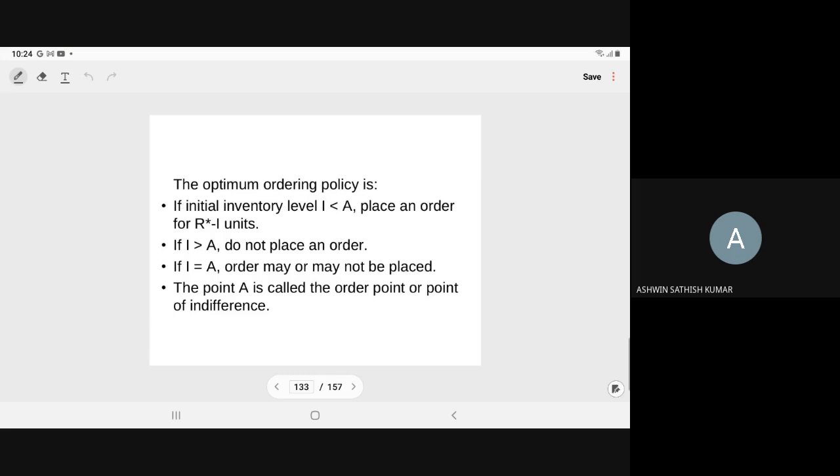If I is equal to A, you may or may not place an order, because both will give the same expected cost. The point A is known as the order point, or the point of indifference, because whether you place an order or not, both will give you the same cost.